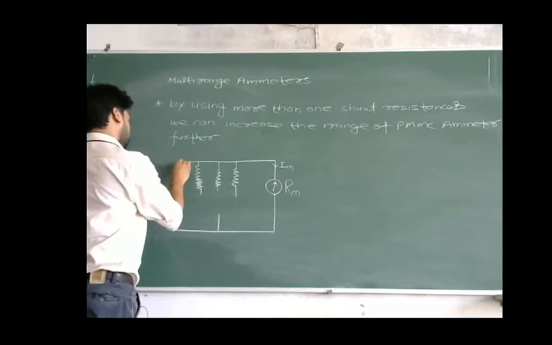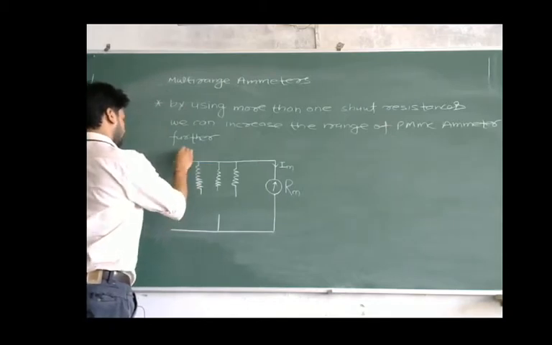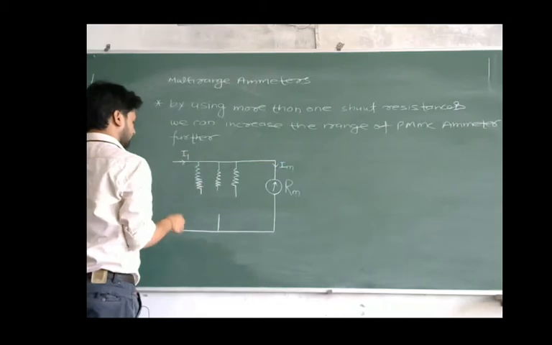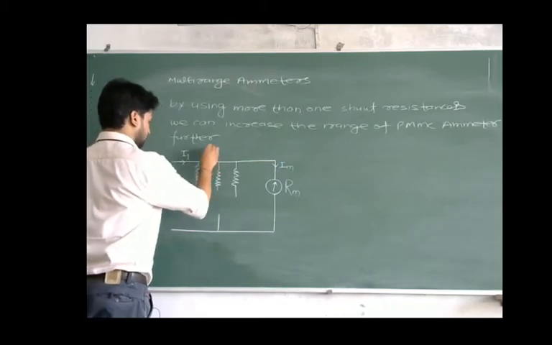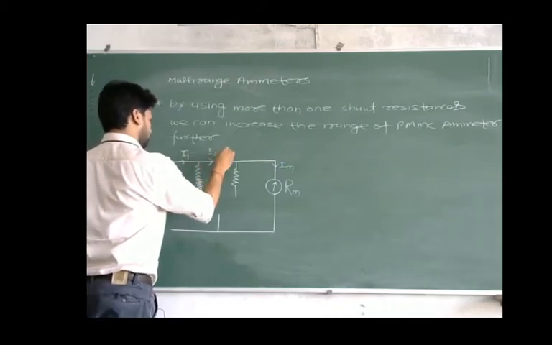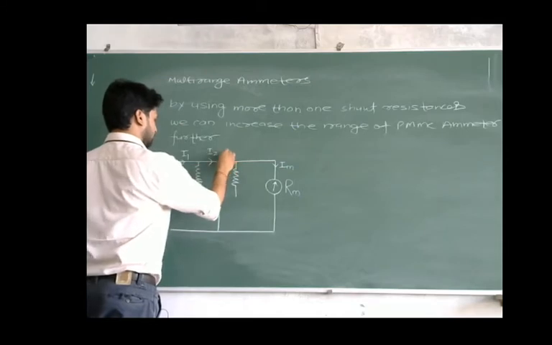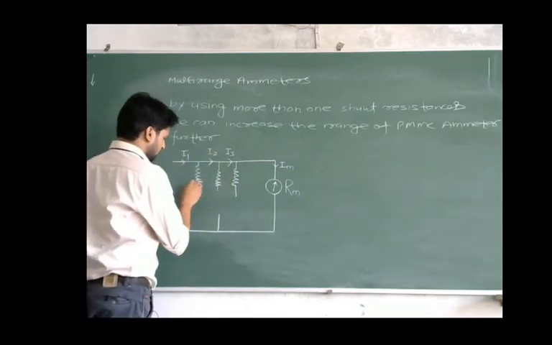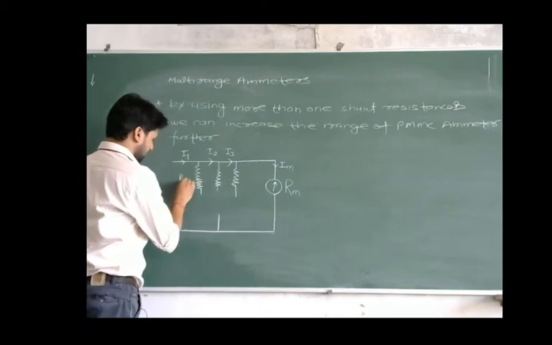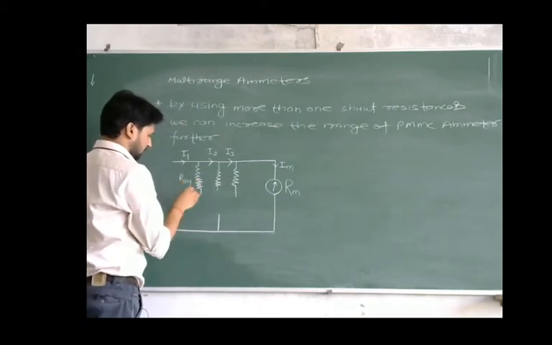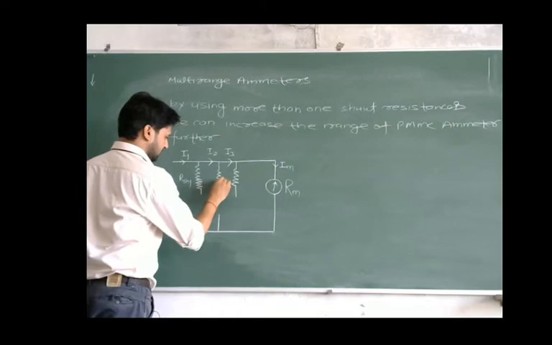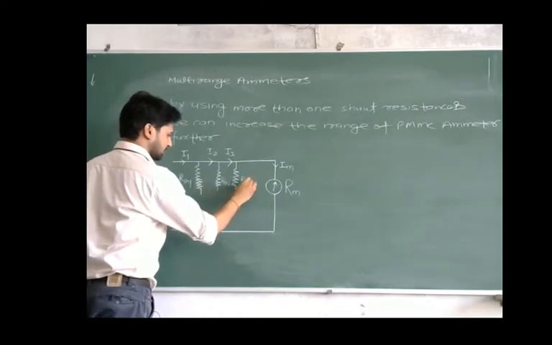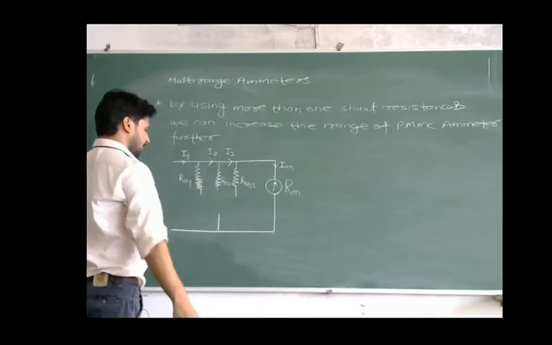The total current is I1, the current here is I2, the current here is I3. This resistance is RSH1, this resistance is RSH2, this resistance is RSH3.